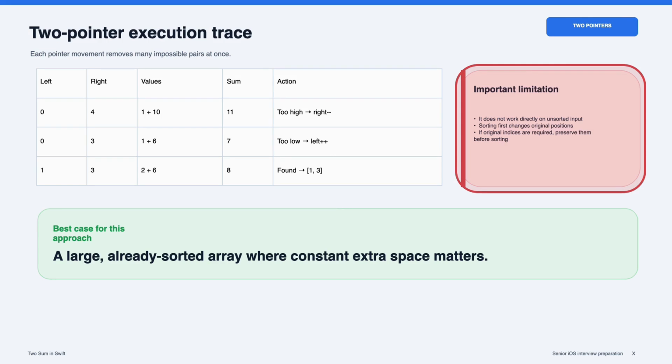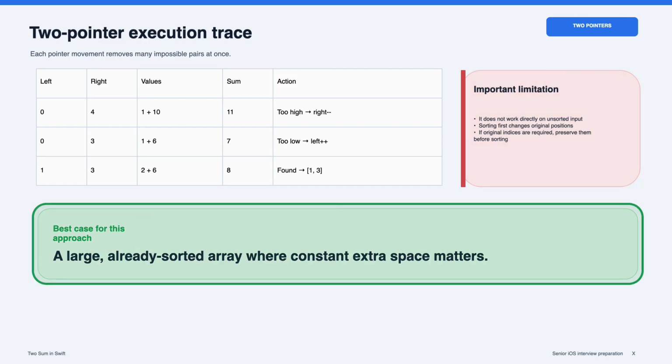For the standard unsorted two-sum problem where the original indices are required, the dictionary solution is usually more direct. The two-pointer approach is especially useful for a large already sorted array where constant extra space matters.